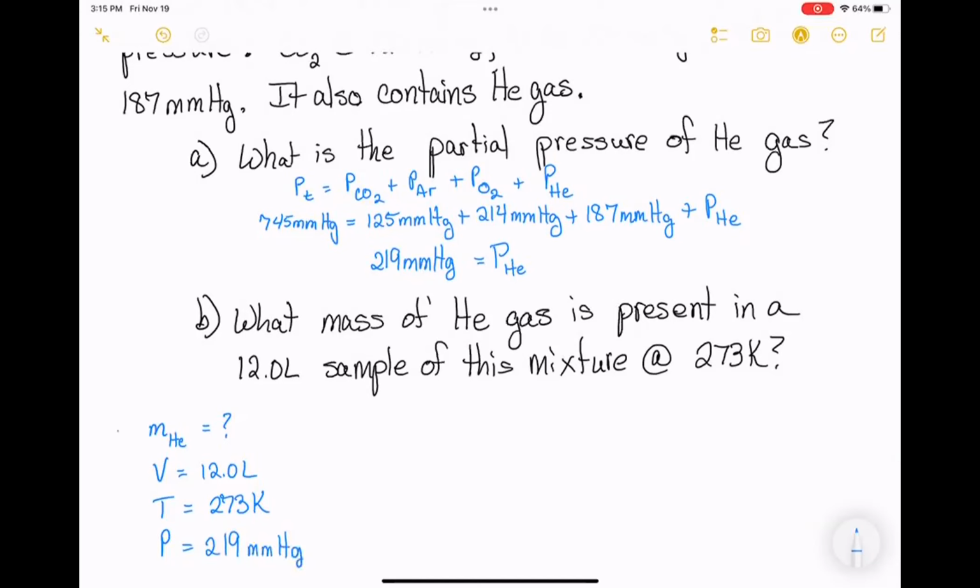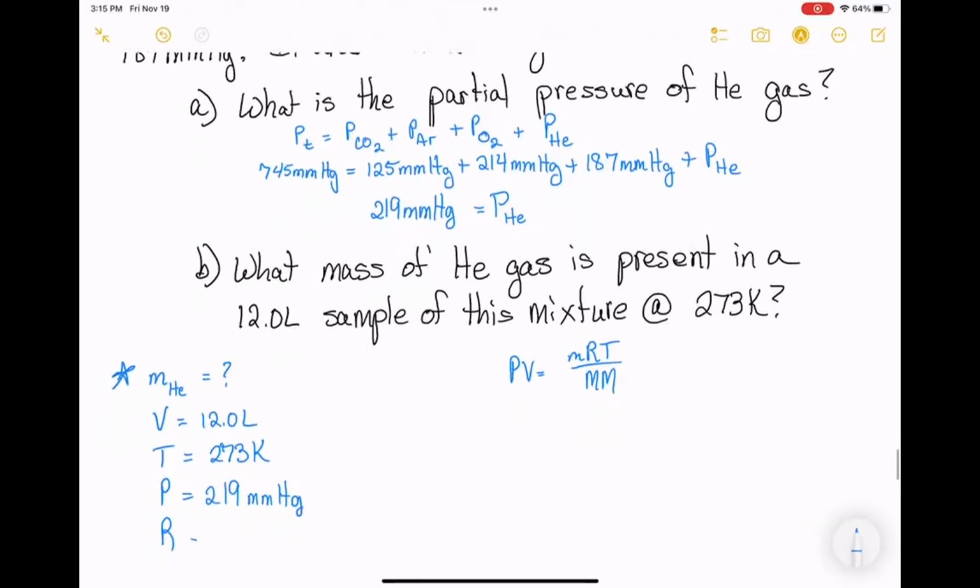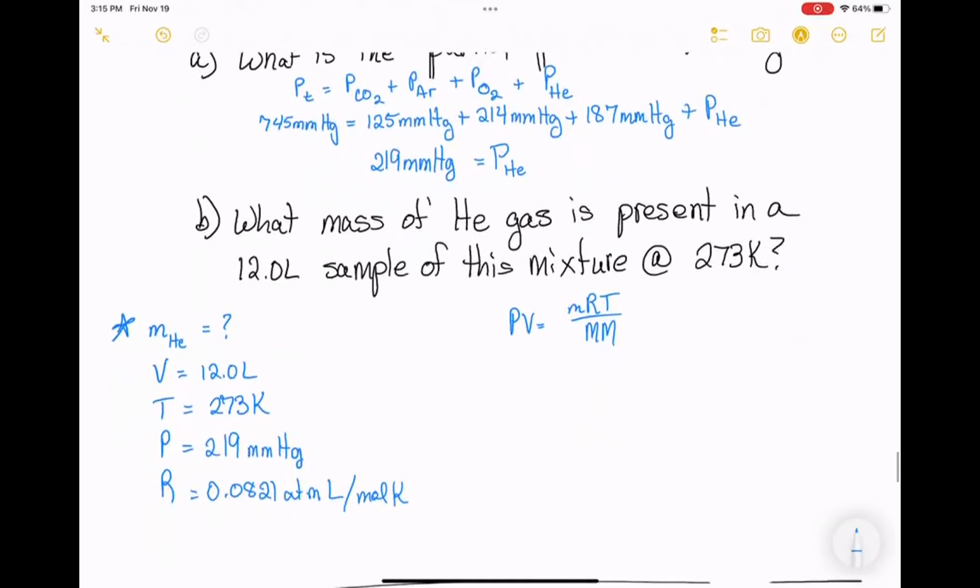Again, anytime I see mass, my go-to equation is going to be PV is equal to mass RT over molar mass. So in order to do this, I'm going to need an R, which is 0.0821 atmosphere liters per mole Kelvin. And I'm going to need my molar mass, which for helium is 4.003 grams per mole.